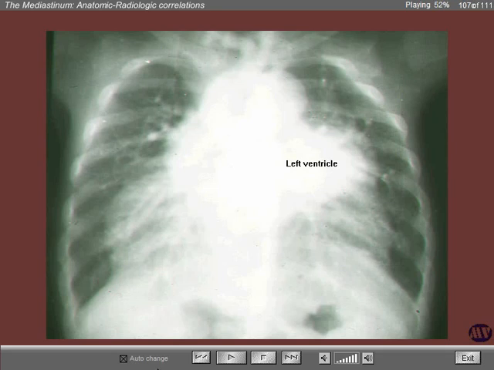The heart was sitting on top of a large mass, and that mass represented a herniated liver through a defect in the tendinous portion of the diaphragm. In other words, the absence of a tendinous portion of the diaphragm made the liver grow in the chest, and therefore the heart was riding on top of the liver.